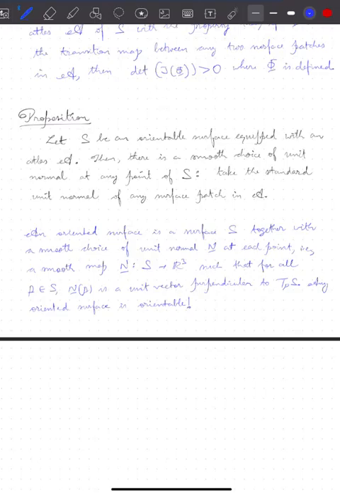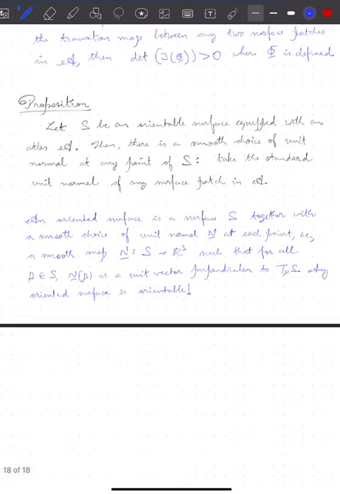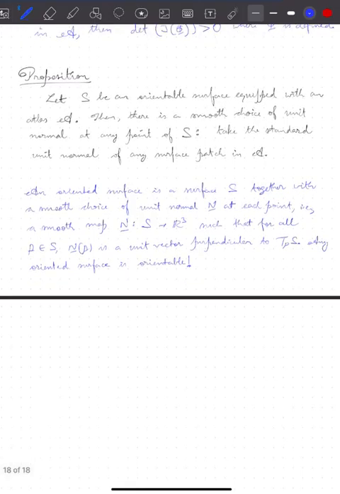And throughout this course from now on, we would be dealing only with oriented surfaces. So this is a very important point, so I'll just mention it. We shall only deal with oriented surfaces, right?